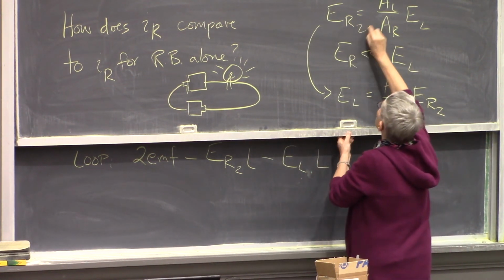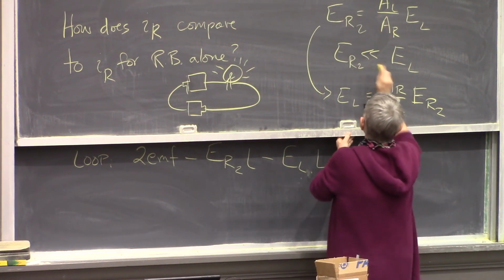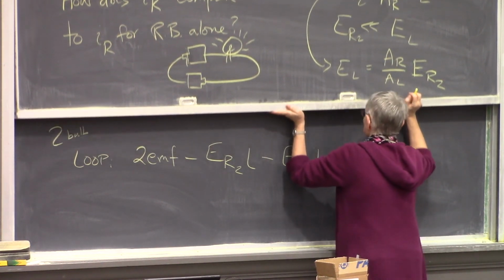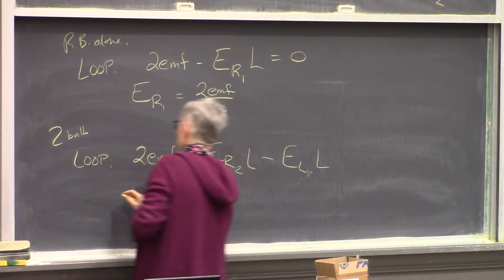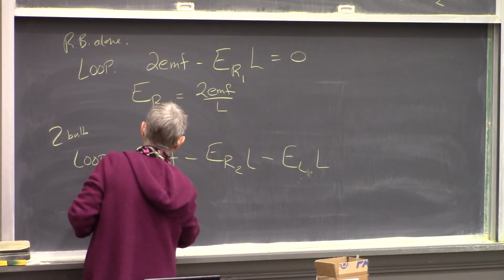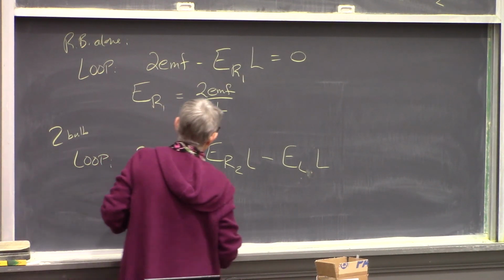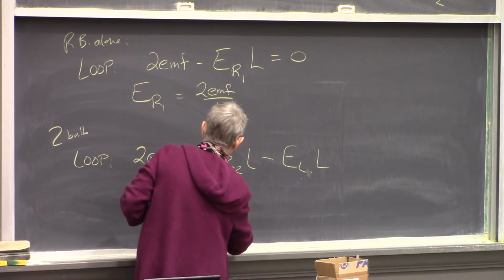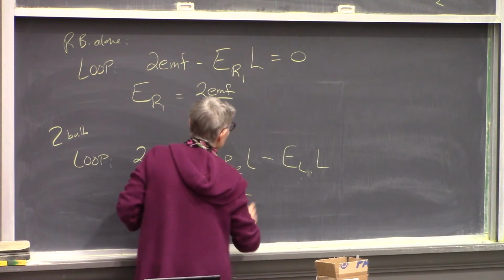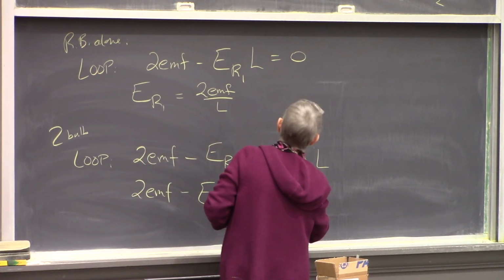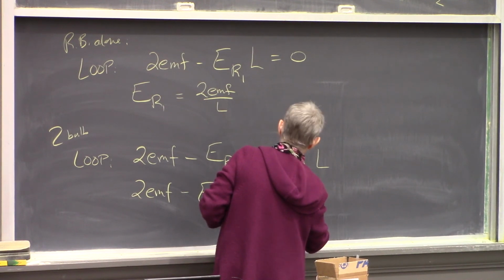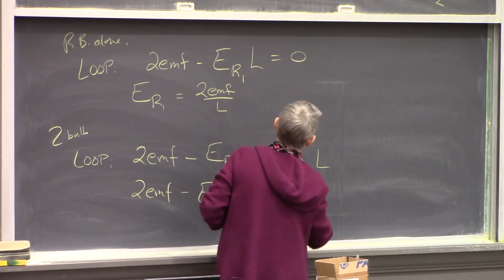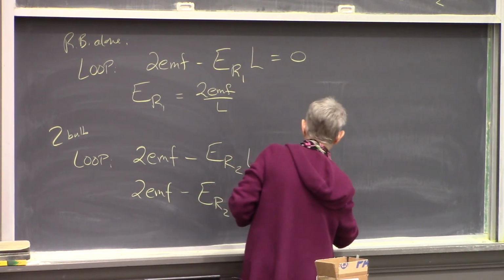We'll call this 2. So we can say it's 2 EMF minus the electric field in the round bulb times L minus the ratio of the cross-sectional areas.